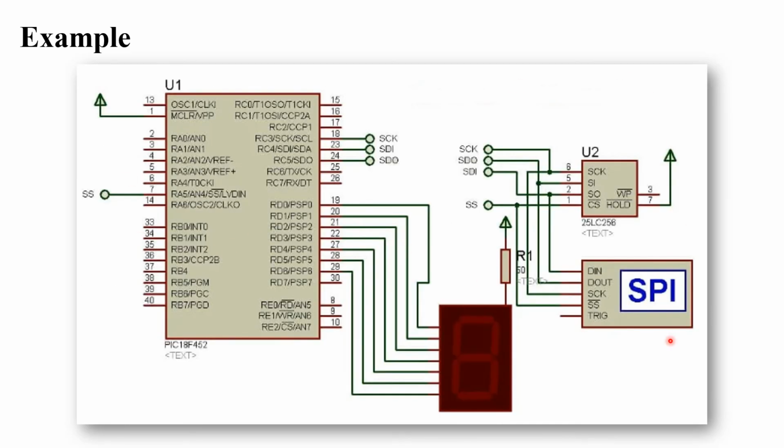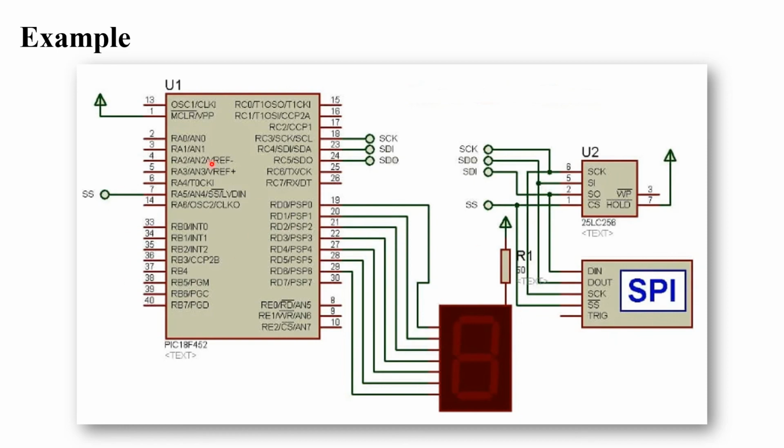Now see here, this is just one example of SPI with PIC microcontroller EEPROM interfacing. This is your PIC microcontroller, this is your SPI protocol, this is your EEPROM memory, and this is your LCD. Suppose the microcontroller wants to display some data on this LCD. Whatever data is stored in this memory is displayed on the LCD by using the SPI protocol.